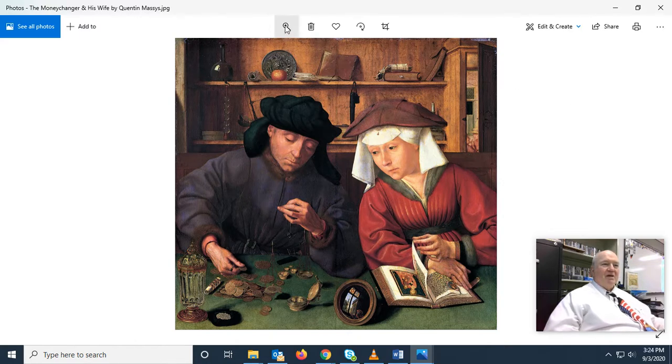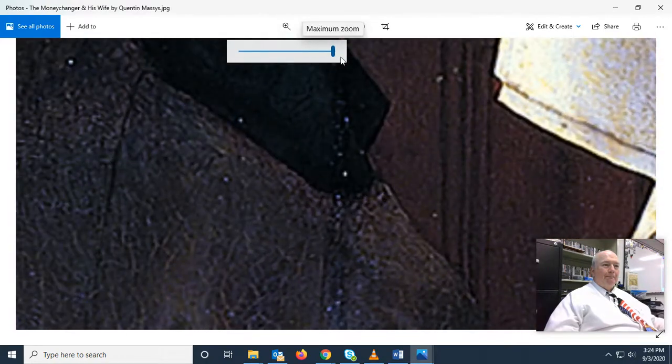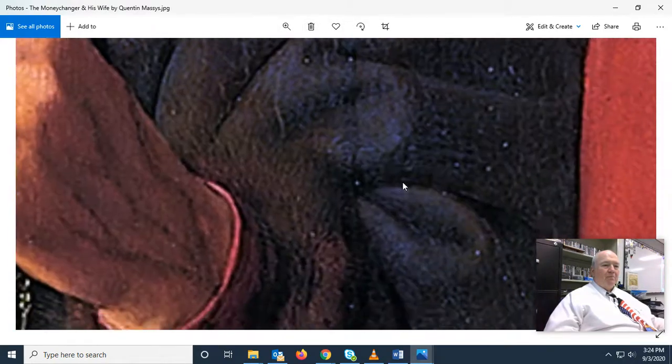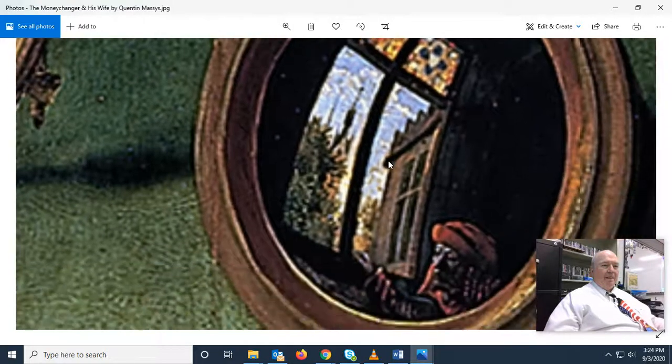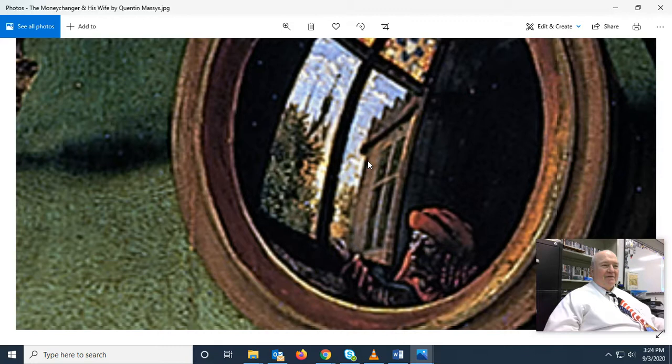How about we look into our convex mirror here? Look at that. The hall's dark. But yeah, I mean, isn't that cool? Tell me that's not cool.